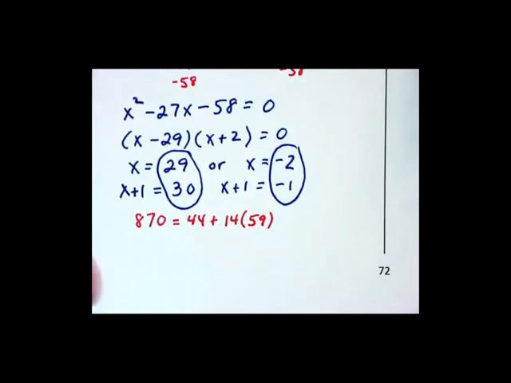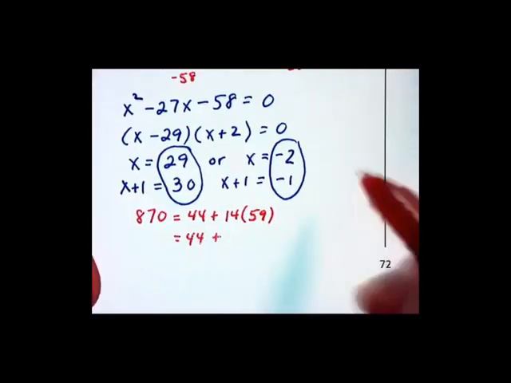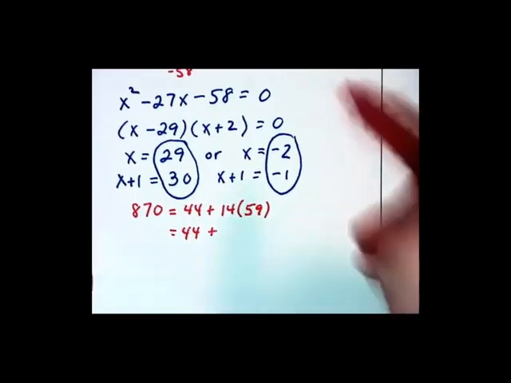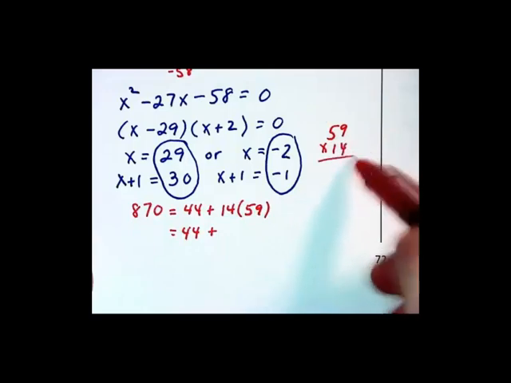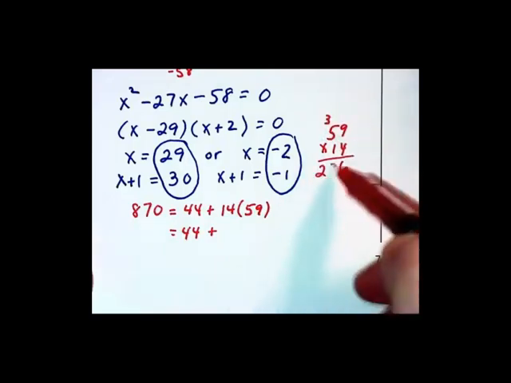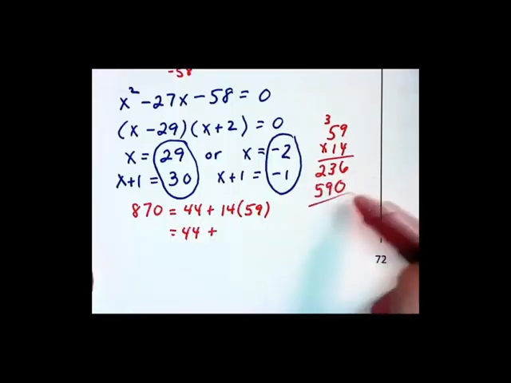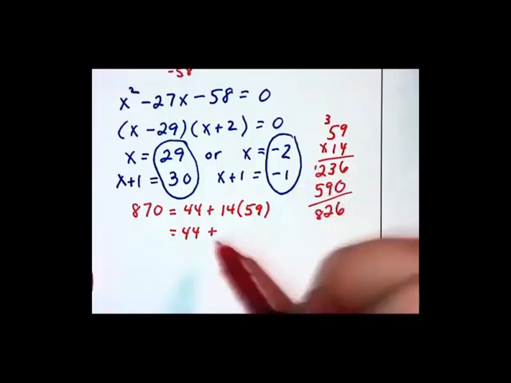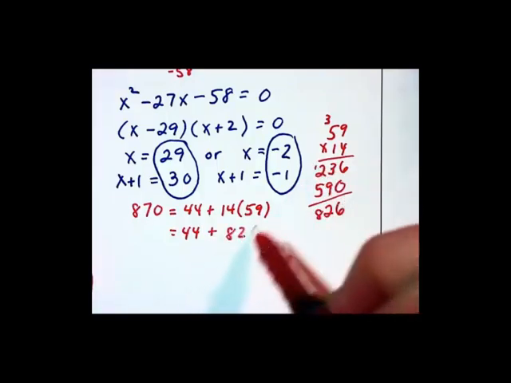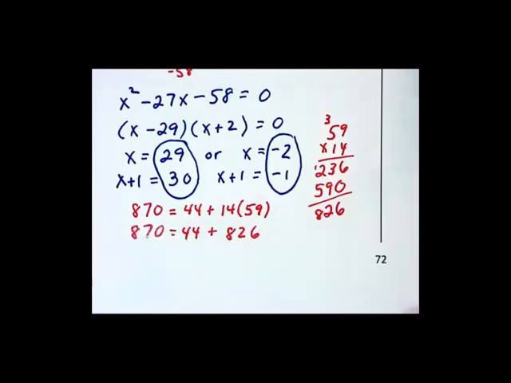Okay, that's going to become 44 plus, we better go over here to the right and do some multiplication. 59 times 14: 36, carry the 3, 20 plus 3 is 23, 0, 1 times 59 is 59, 6, 12, carry the 1, 8. 826 plus the 44, yes, it does make 870.